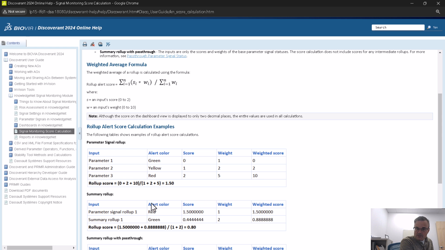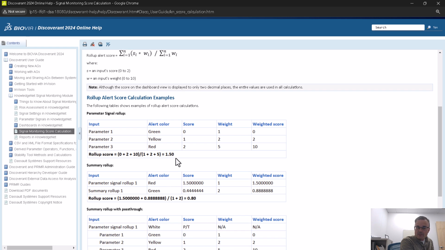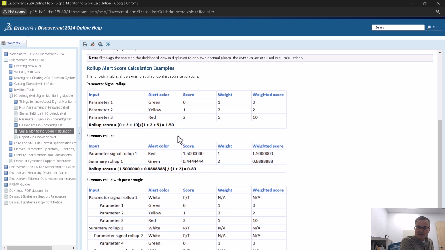You add those up, 0 plus 2 plus 10, and you divide by the weights, in this particular case 1, 2, and 5. So then you get a roll-up score of 1.5. Now depending on how that threshold was set, this may be green, this could be yellow, this could be red. It all depends. So that's how these calculations work.